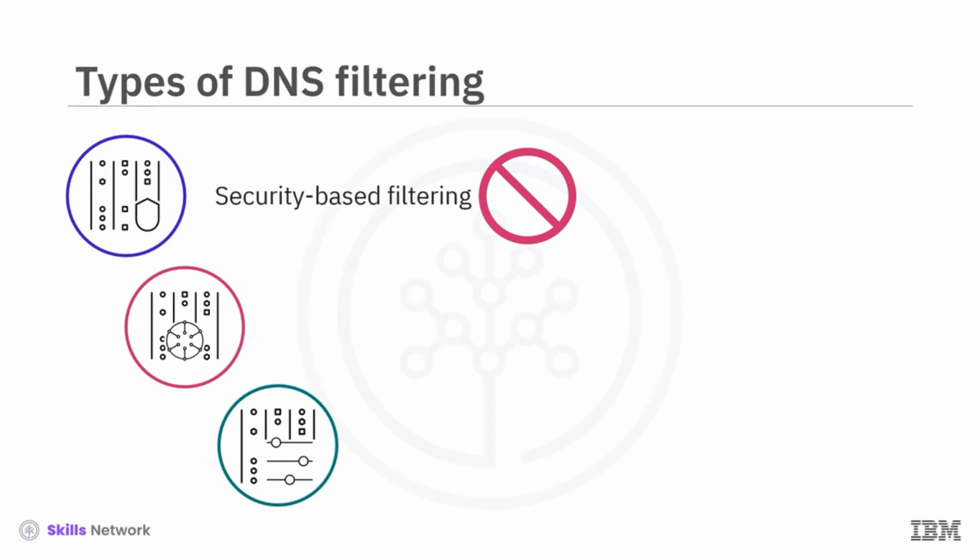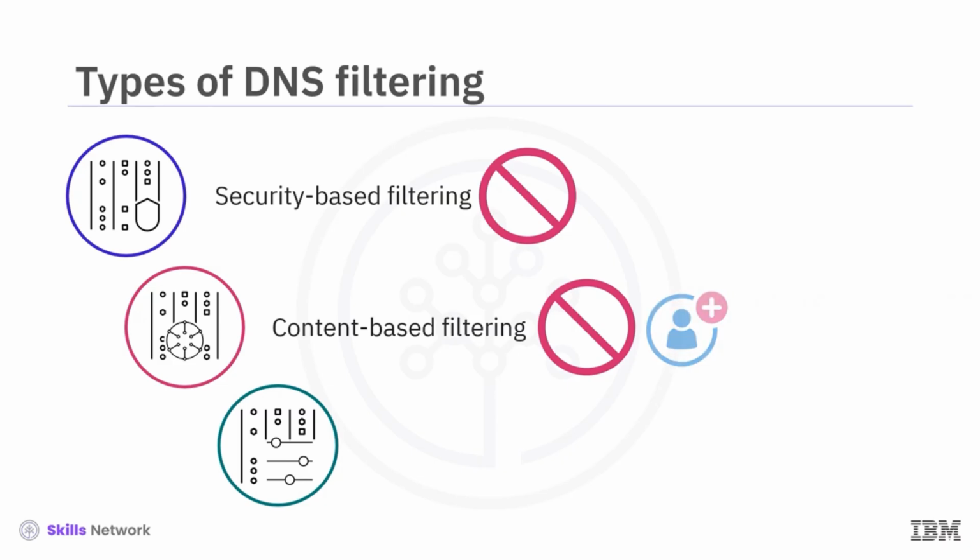Security-based filtering focuses on threats targeting domains known for hosting malware, phishing sites, command and control servers, and other cyber threats. Security-based DNS filtering prevents malware infections and data breaches by blocking these domains. Content-based filtering categorizes domains based on their content, such as social media, gambling, news, and others.